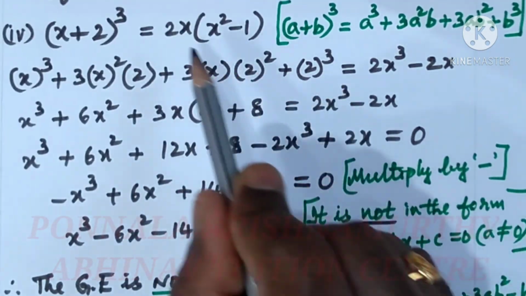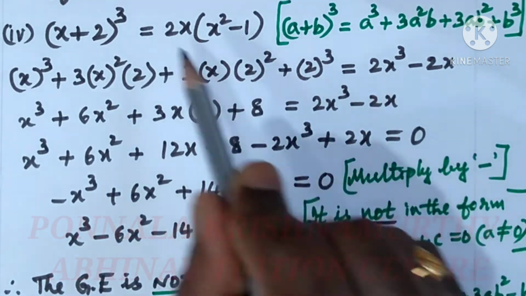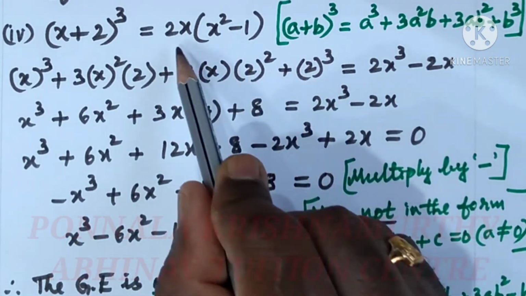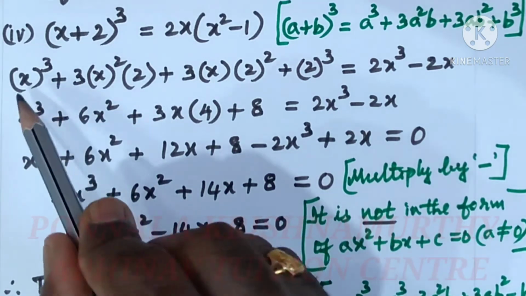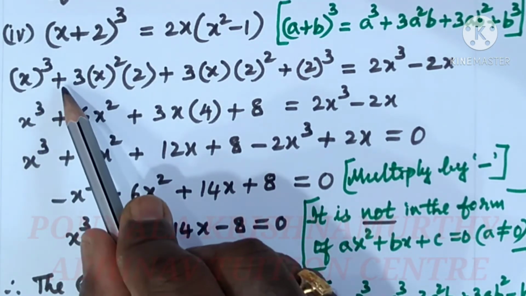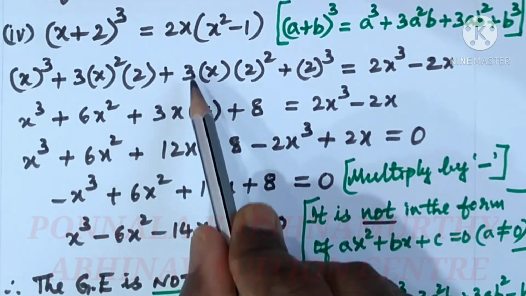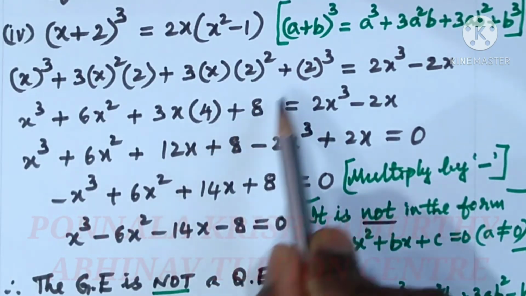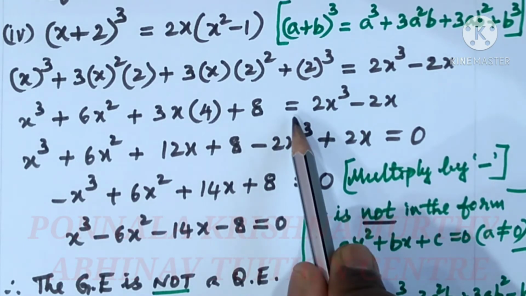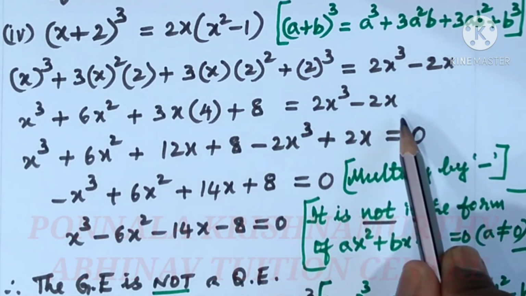That is equal to 2x into x square, 2x cube, plus into minus minus, 2x into 1, 2x. x whole cube is x cube plus 3 2 is 6, 6 into x square plus 3x into 2 square is 4, plus 2 cube is 8. That is equal to 2x cube minus 2x.